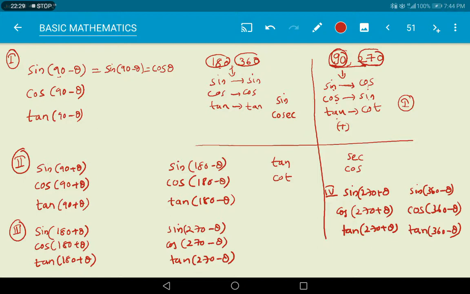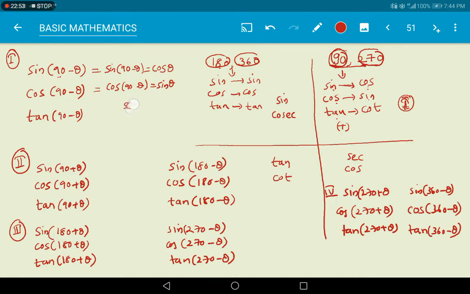The number means the quadrant number, so 90 and 270 are odd quadrants. So sine of 90 minus theta is cos theta. Cos of 90 minus theta is sin theta. Let us check whether it is true or not.